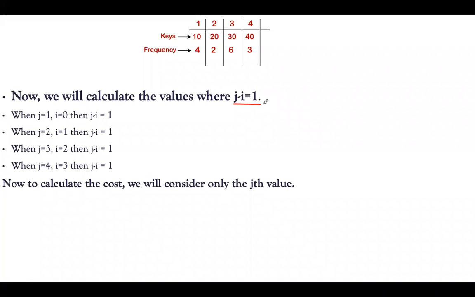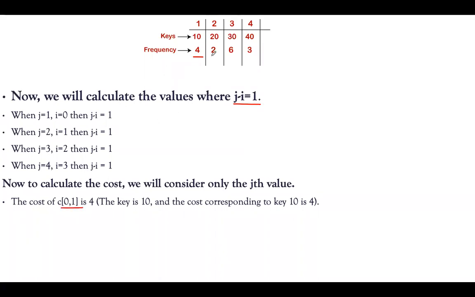Now calculate the cost for the jth value. Cost of 0, 1: in our table, i is 0, that is the index 0, 1. What you will fill, cost of 0, 1, when we are at j value 1, we'll just fill the frequencies in the table. Cost of that node 0, 1 is nothing but 4.